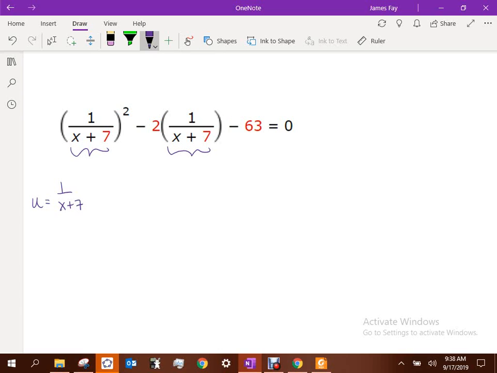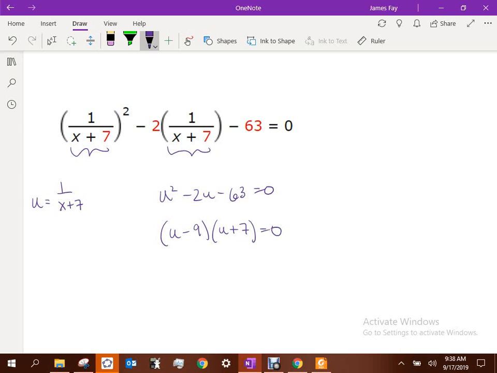Now, can I rewrite this as u squared minus 2u minus 63? So u minus 9, u plus 7, right?